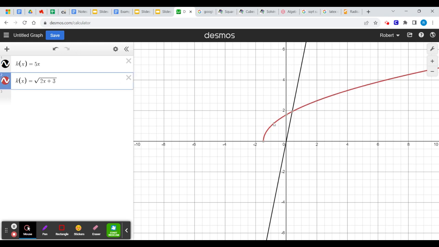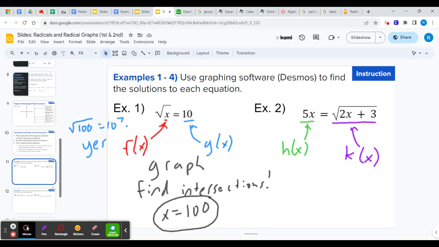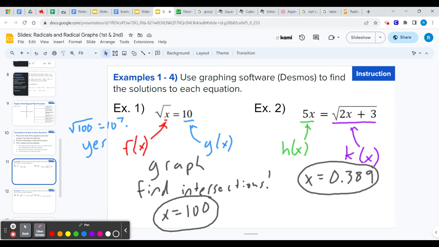We look here, and our graph looks like it has one intersection, and that is intersecting at 0.389. So our solution there is going to be x equals 0.389. It is very possible to have some nasty decimal answers as our solutions here. We're dealing with square roots. They're not always clean numbers.